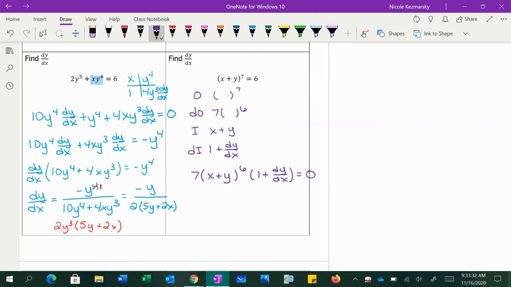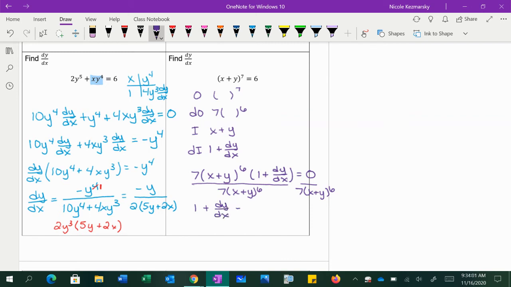So now I need to go ahead and isolate the dy/dx. I'm going to start by dividing the 7 times x plus y to the 6th on both sides. And that's going to give me 1 plus dy/dx.